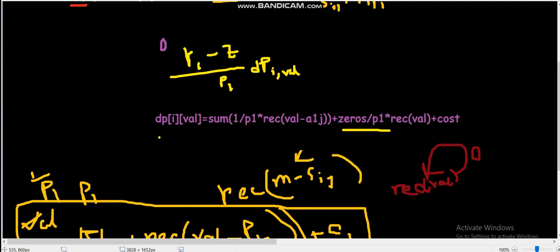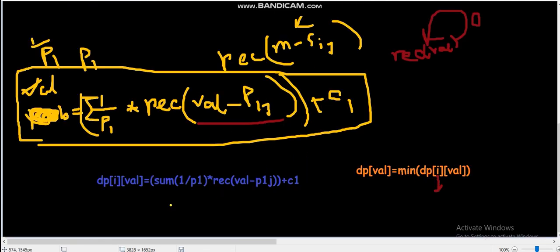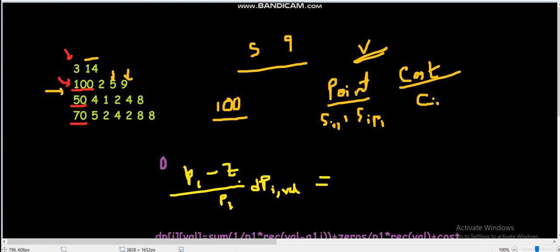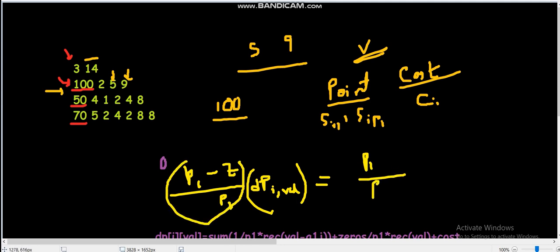If this wheel gives the minimum value, in the second turn we have to take it again because we have already assumed that it is the minimum. So p1 minus z by p1 into dp[i][val] will be this formula. At the end, to get dp[i][val] we multiply by its inverse, which is p1 by p1 minus z.